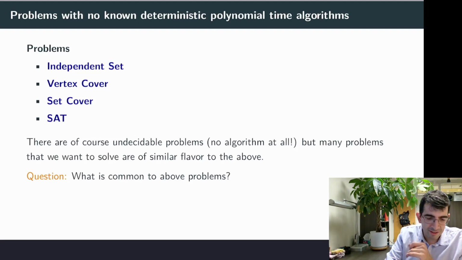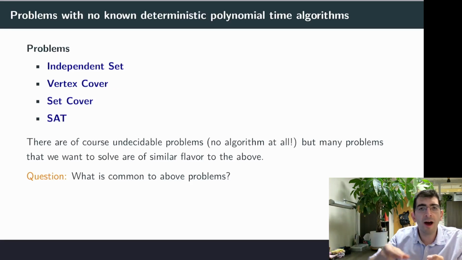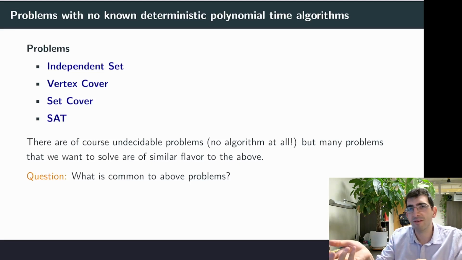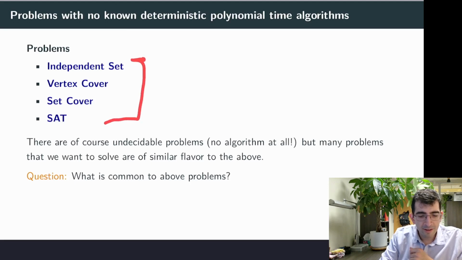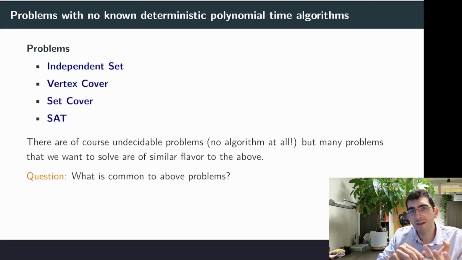For vertex cover, we could take every possible subset of vertices and then check to see if it's a vertex cover or not, right? So pretty much all the problems in NP have inefficient algorithms. They could all be solved by brute force, but they can't be solved efficiently in polynomial time.